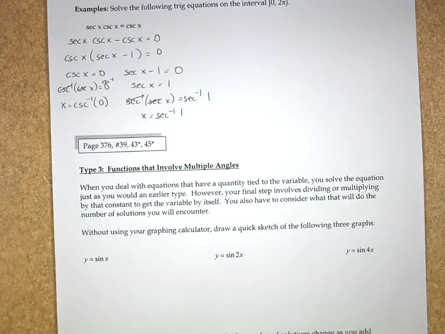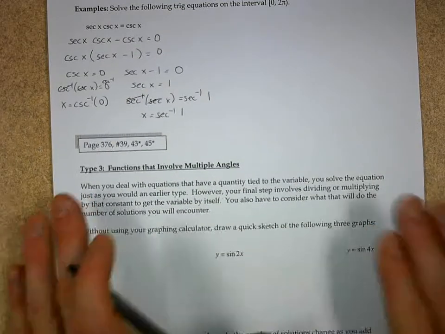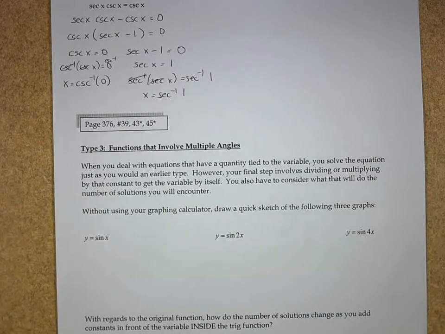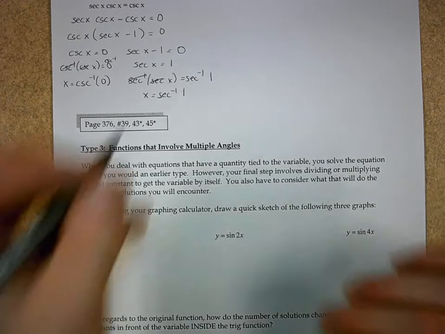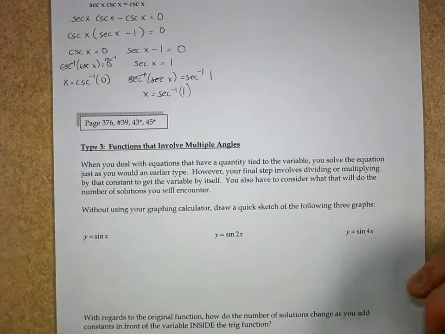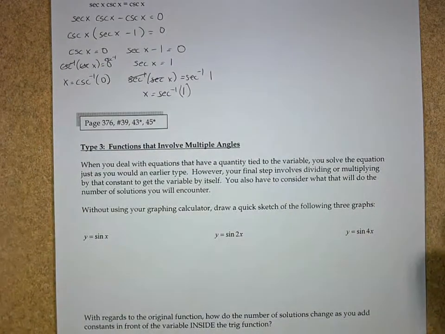Now the issue we're going to run into is that cosecant and secant don't have buttons on the calculator. So I need to rewrite these with their reciprocals.